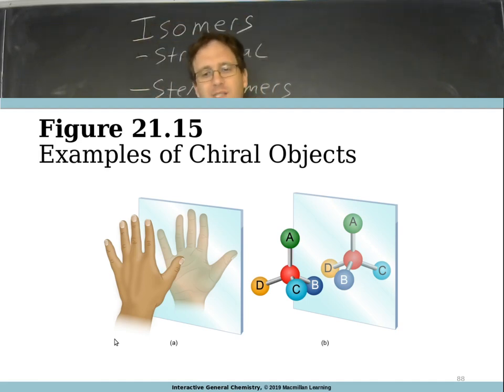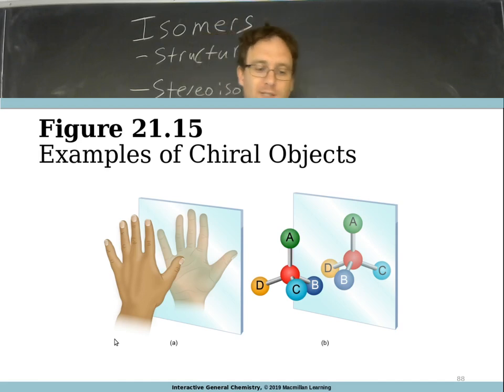A, B, C, and D in this case are different atoms. They're 4 unique groups. So anytime you have 4 unique groups, then the molecule will be chiral and it will exhibit optical isomerism.